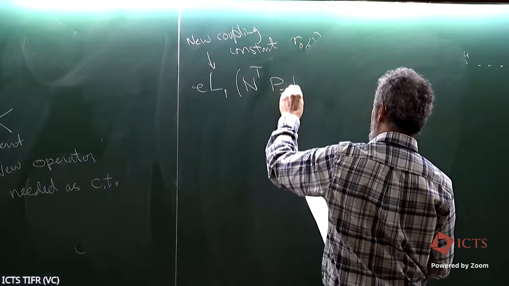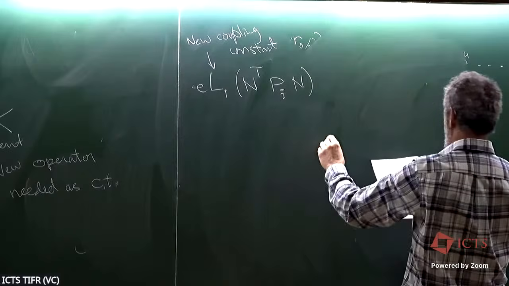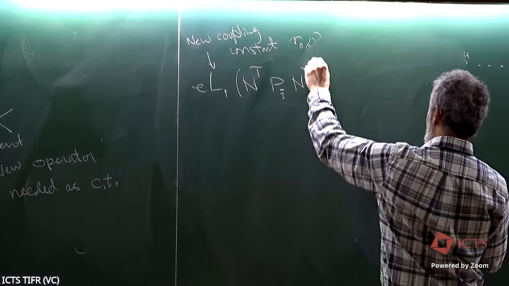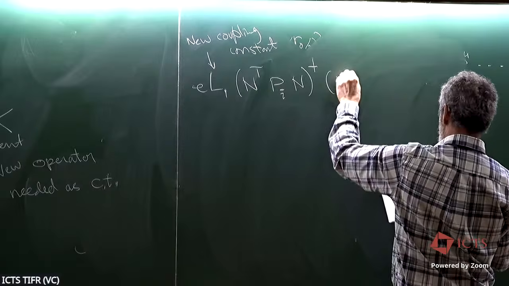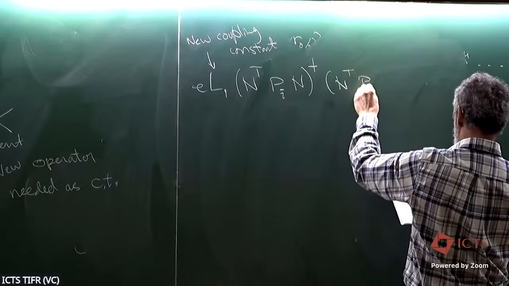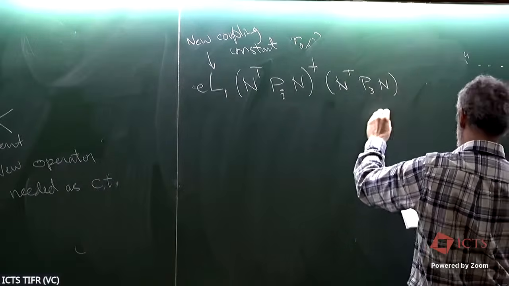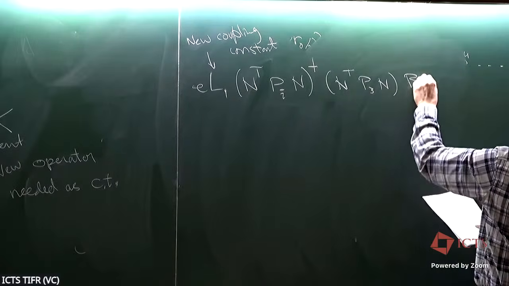So this is a spin 1 projection operator, times N dagger, times an N transpose P3 and a different projection operator, times a magnetic field.